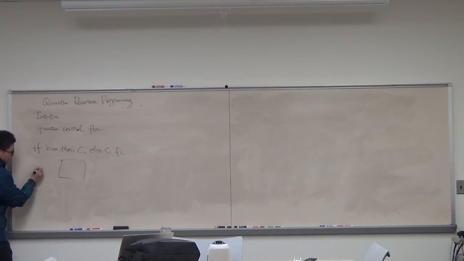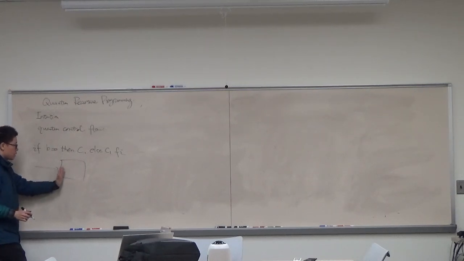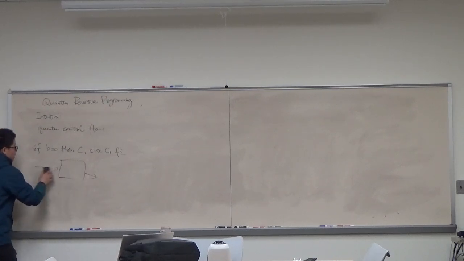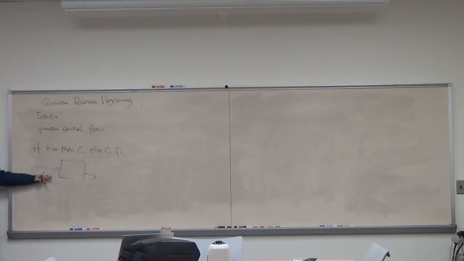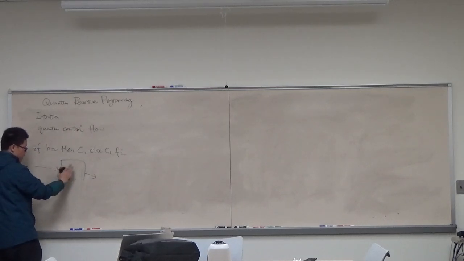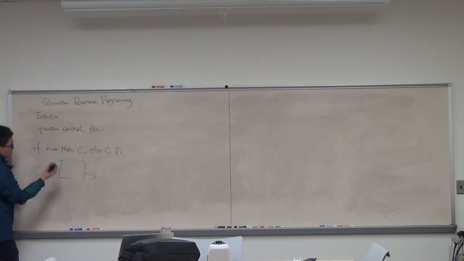Your data goes into the input, and after this program, you have some output. Now for a quantum program, the input, the output and all the states during the program execution are quantum states. And what about the control flow?